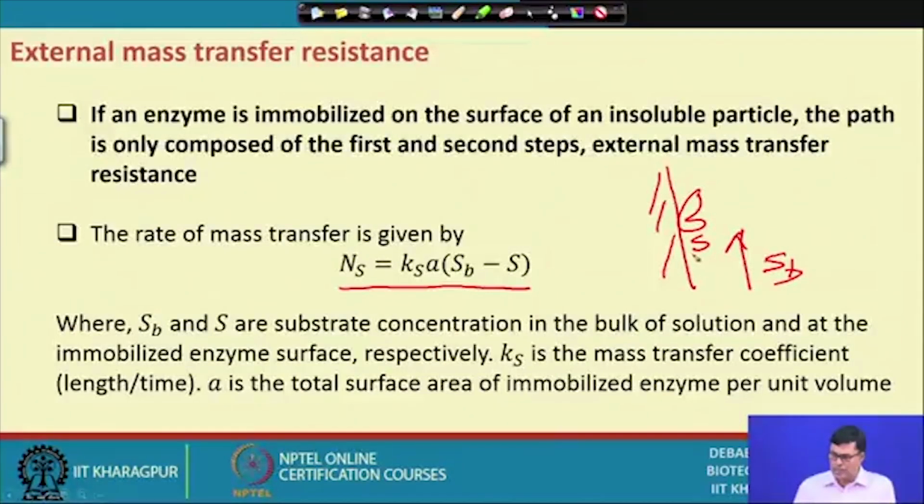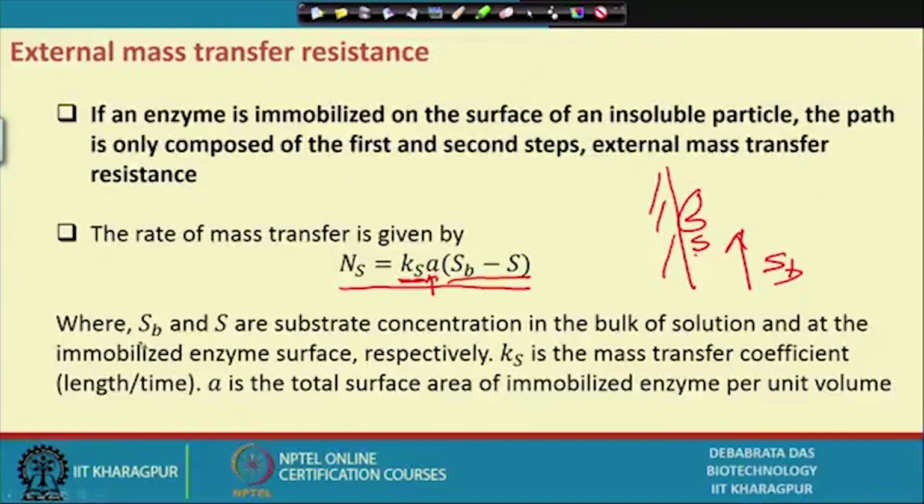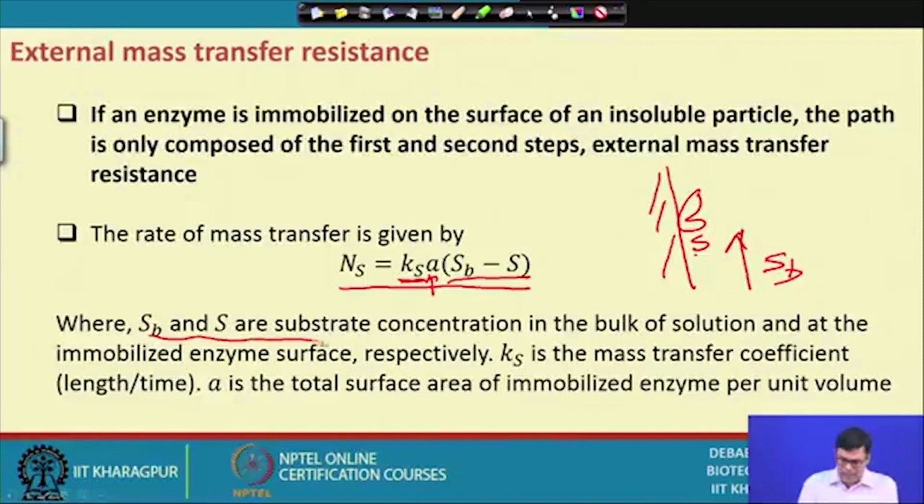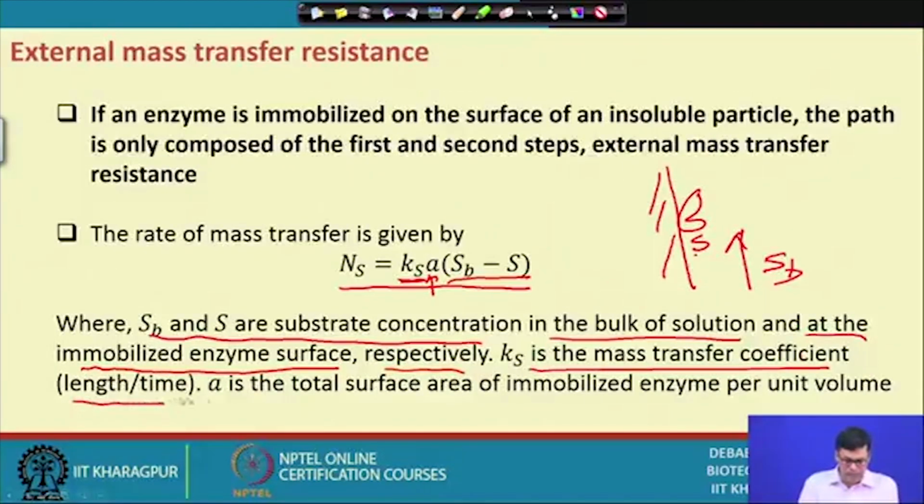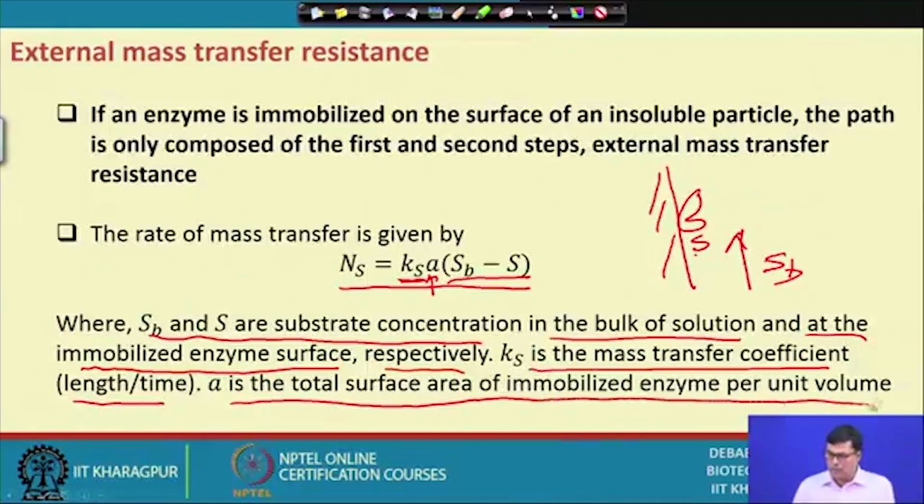Sb minus S. This is the concentration gradient and Ks is the mass transfer coefficient, and A is the interfacial area, how much area the mass transfer takes place over. So, what we have written here: Sb and S are the substrate concentrations in the bulk of the solution and at the immobilized enzyme surface respectively, and Ks is the mass transfer coefficient, with unit length per unit time, and A is the surface area of the immobilized system per unit volume.